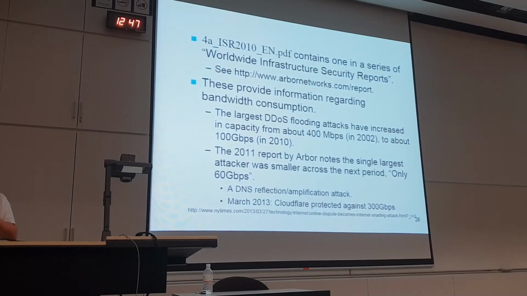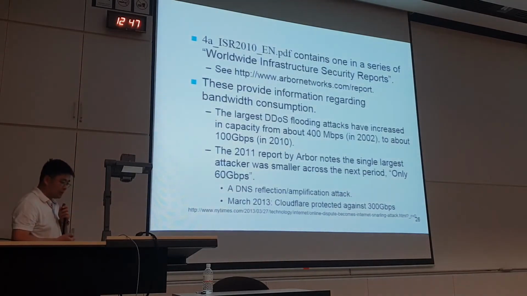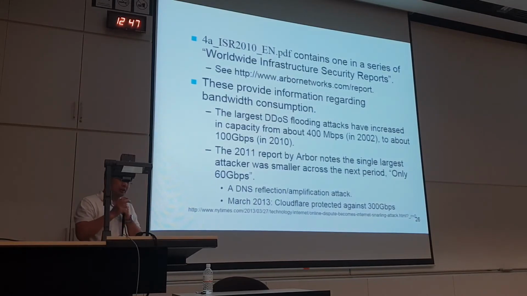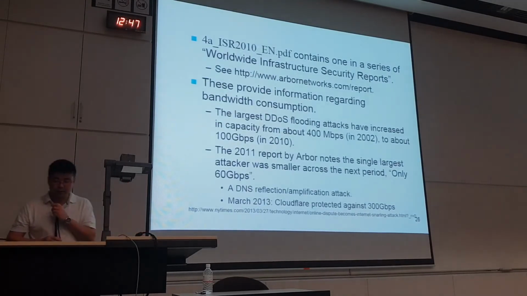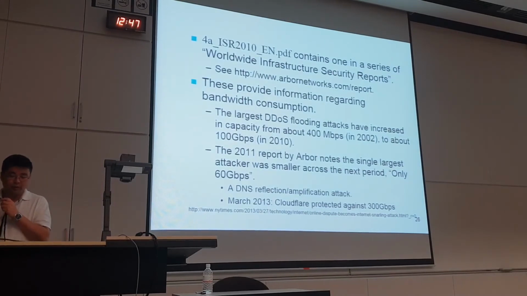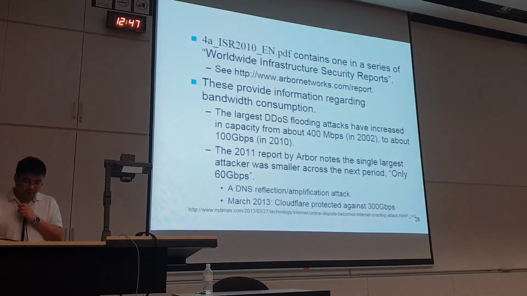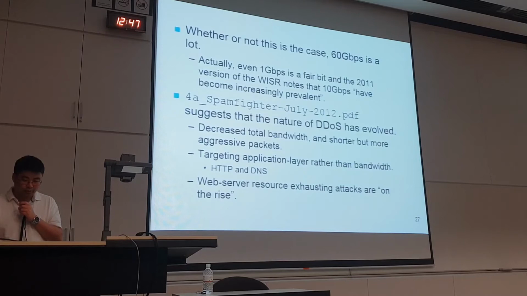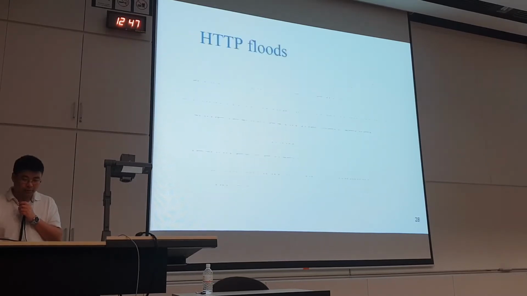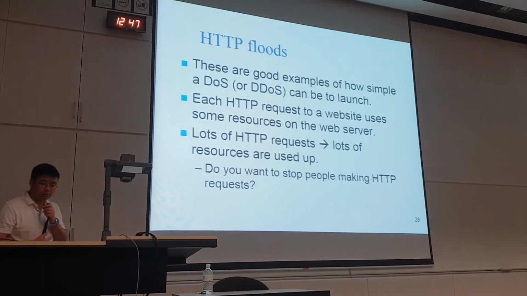Nowadays, the volume of data used by the attacker can be at the level of a terabyte. If you have a lot of machines launching this attack, the volume can reach a terabyte. So this is huge, right? You can look at some reports in the reading materials.